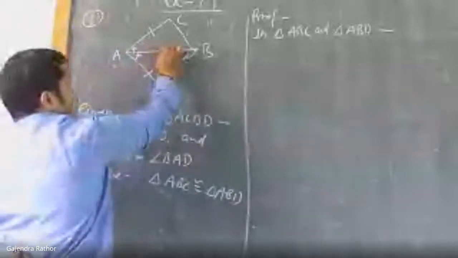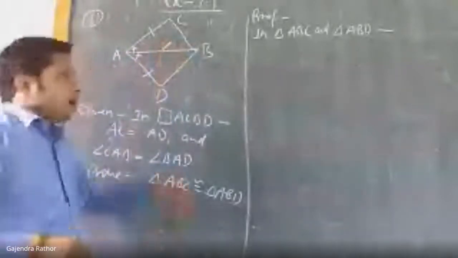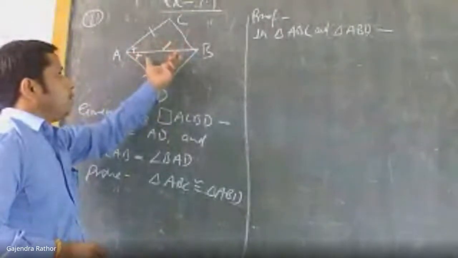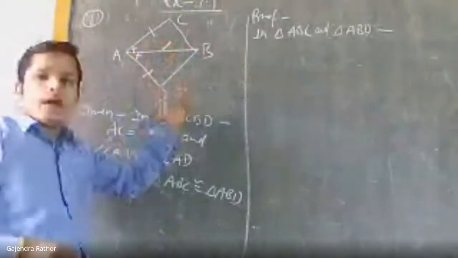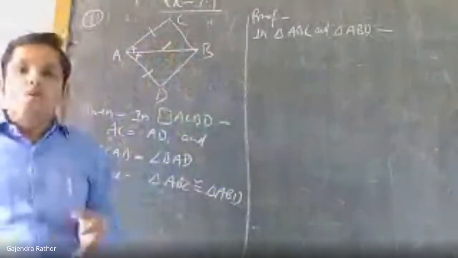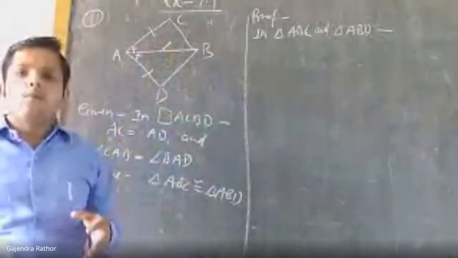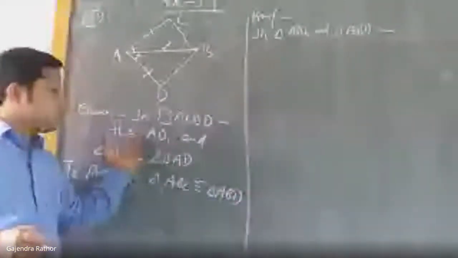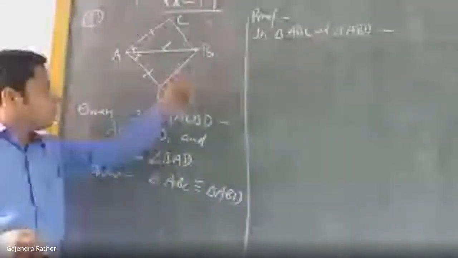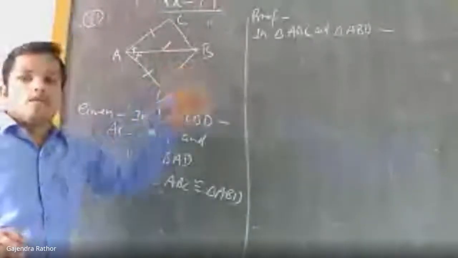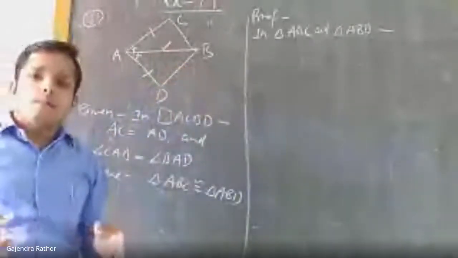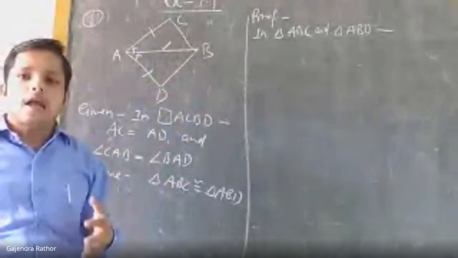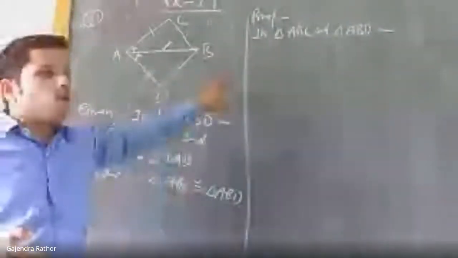AB is also a side of triangle ABC, and AB is also a side of triangle ABD. To prove any two triangles are congruent, we need only three parts: first a side, second an angle, and we also got the third part. If we have the third part, by applying any one of the criteria, we can show that the triangles are congruent.